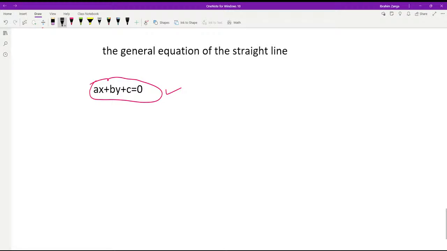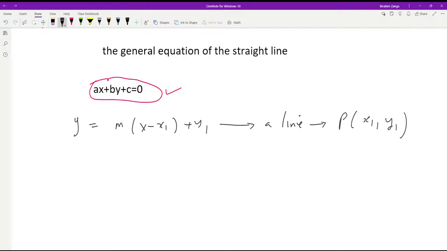First of all, remember previously we have seen that y equals m times (x minus x1) plus y1. This is the equation of a line, but this is the case when you were given a point x1, y1.